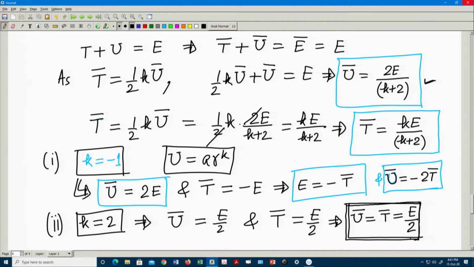Whenever there is a harmonic oscillation, the time average value of potential energy and kinetic energy is half the total energy per degree of freedom. So these are important cases.